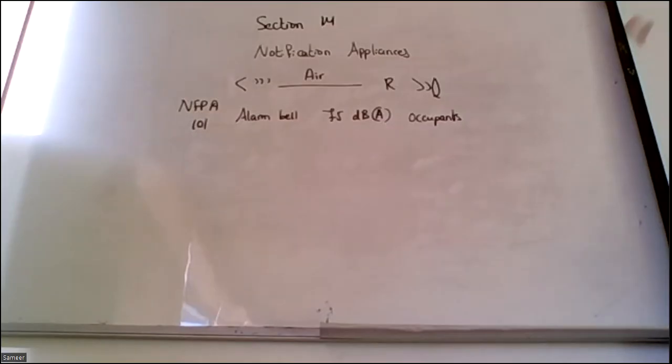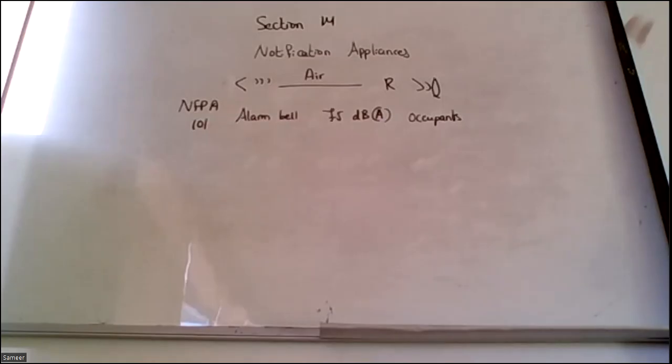Weighted means A is weighted for human ear sensitivity. When a device is rated as 75 dBA, the noise ratio that is calculated or calibrated takes human ear sensitivity into consideration. Similarly, we have dBB.